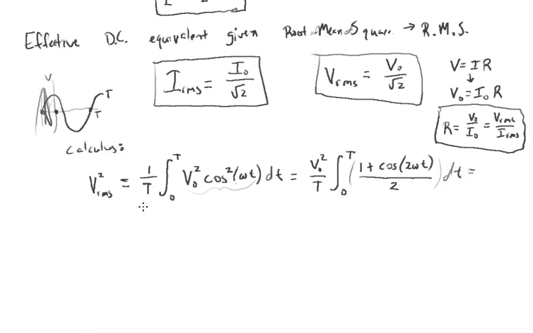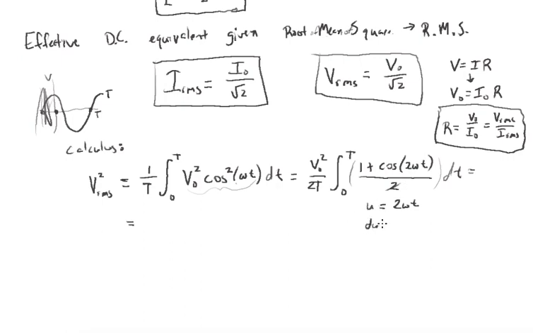Then what we have to do is something called u substitution, where we can bring this 2 out front, since that's a constant. I'm going to say u because I have this 2 omega t in here that I don't want to mess with, so u equals 2 omega t. When you get into calculus, if you haven't yet, you'll understand all this.